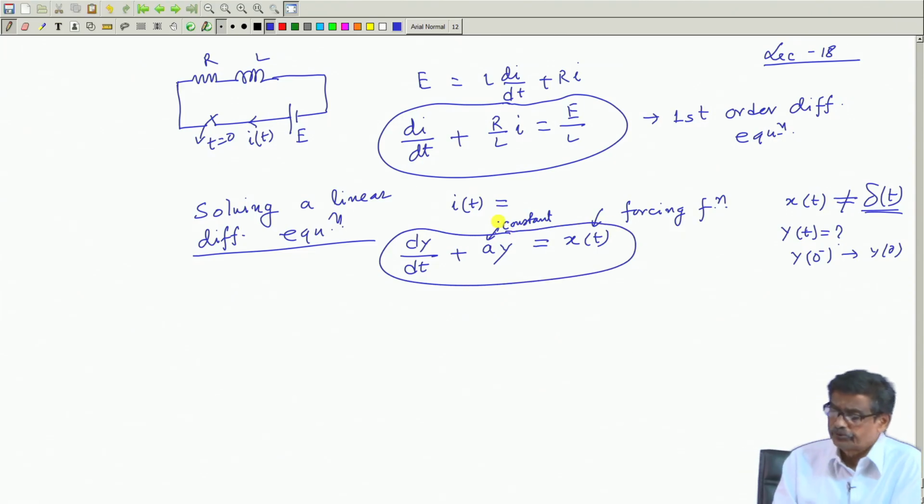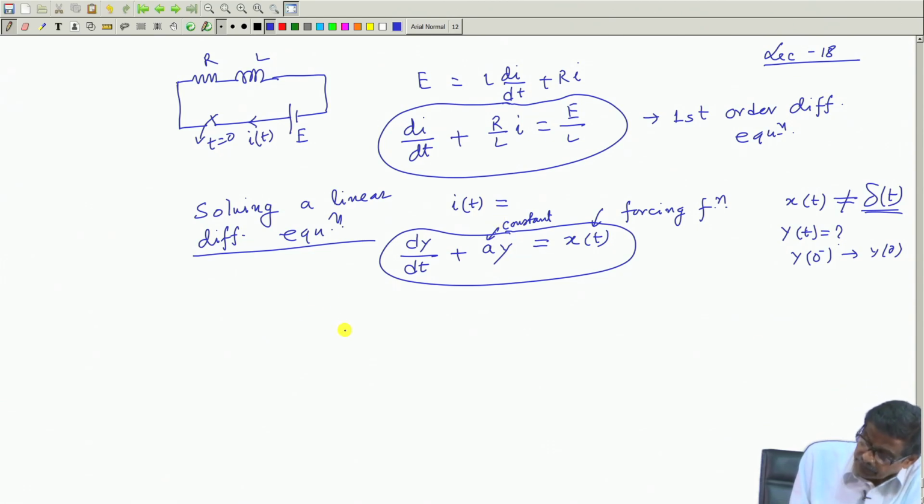Here, of course, I will use that fundamental thing, that is, I will multiply both sides with the integrating factor e to the power a t. Very simple stuff, but very educative.